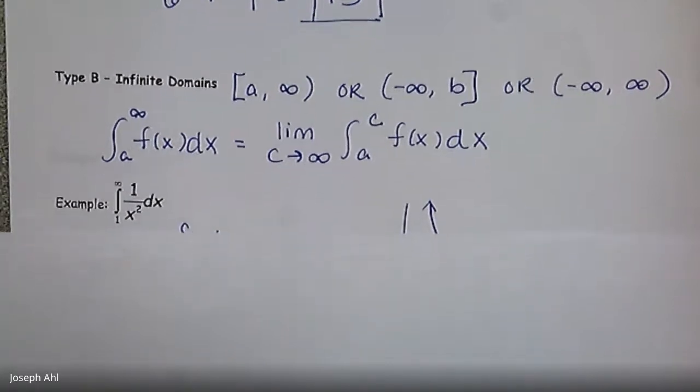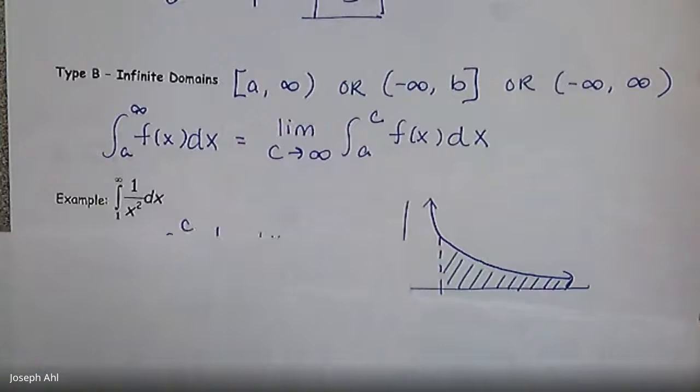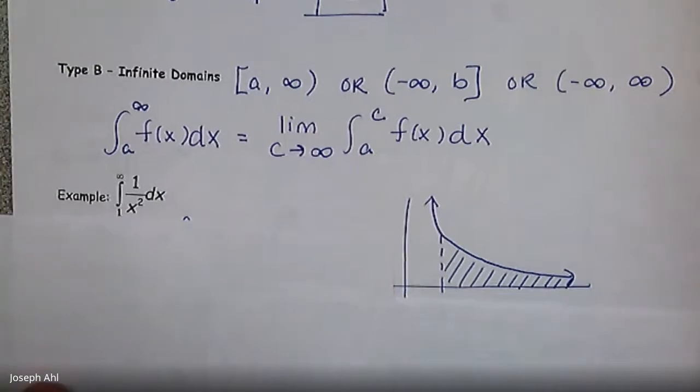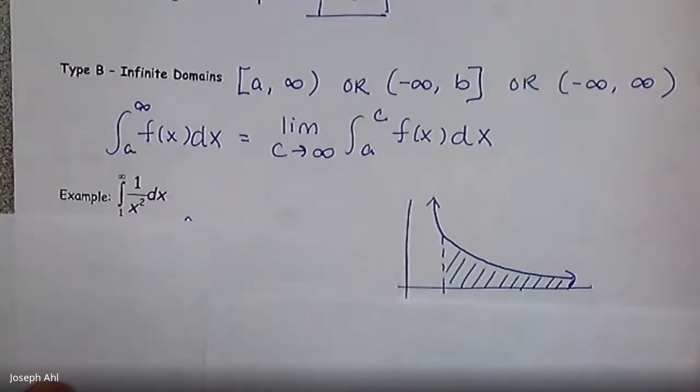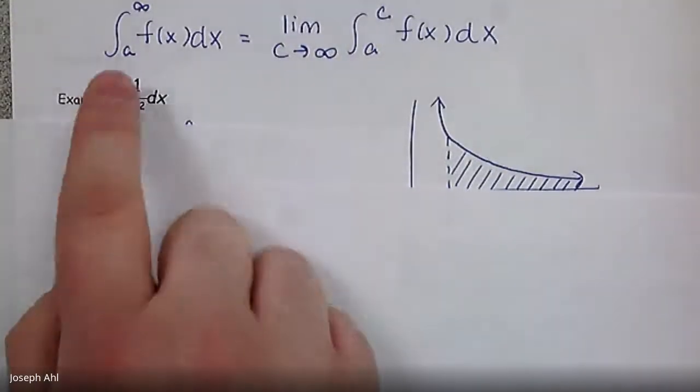Okay, so let's take a look at an example of that. If we have the integral from 1 to infinity of 1 over x squared dx, here's what we're kind of looking at here. So from 1 to infinity, there's the quick visual there. We're going to set this up as the limit as c approaches infinity for the integral from 1 to c of 1 over x squared dx.